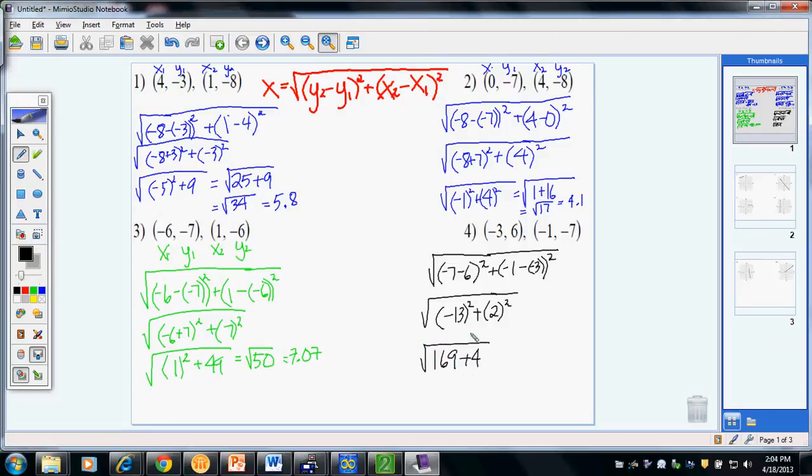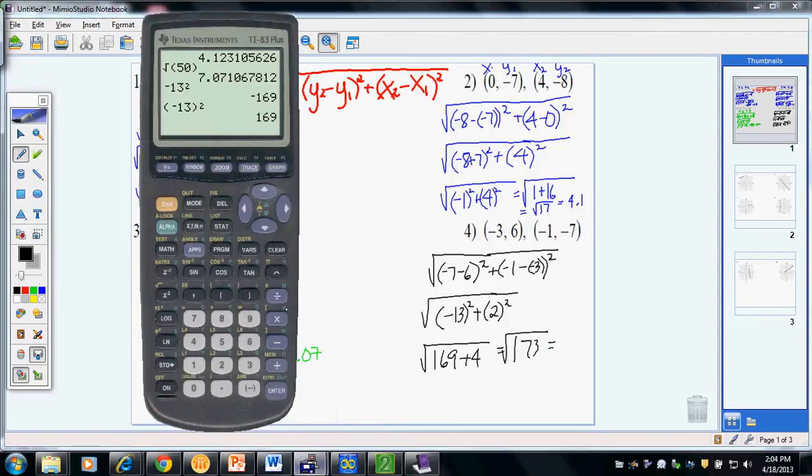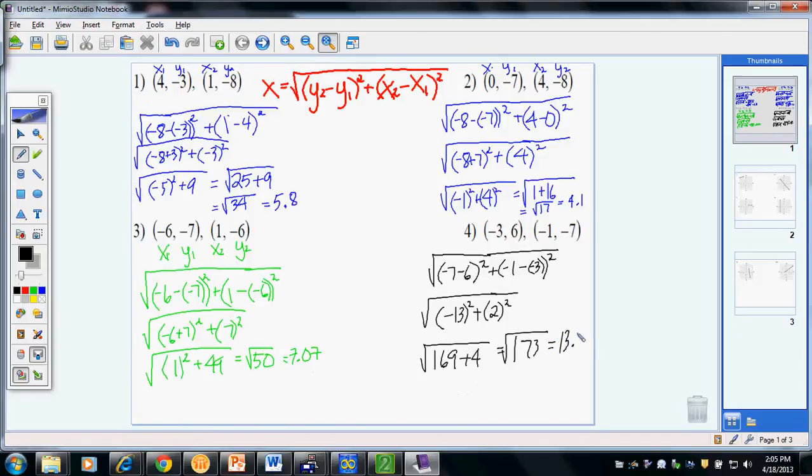Plus 4, and we get 173, which equals 13.2. Okay, so this is how we find the distance between 2 points.